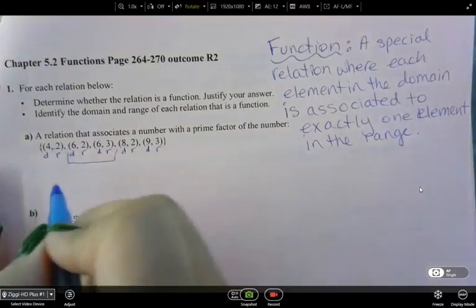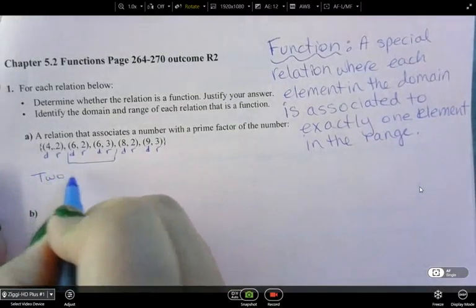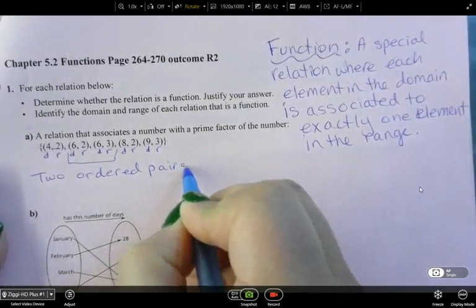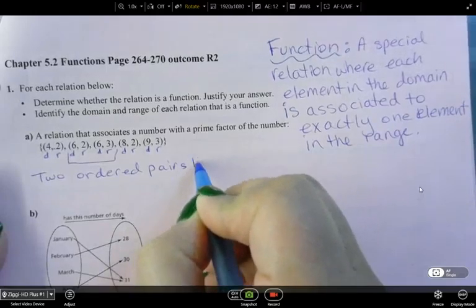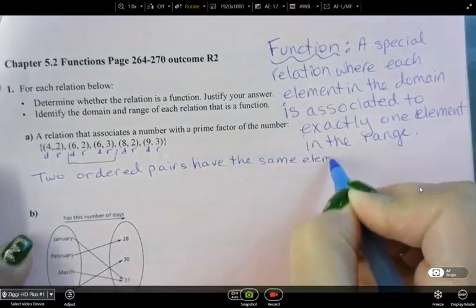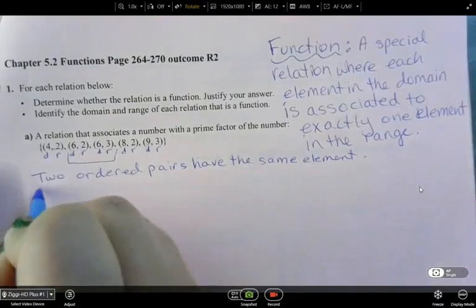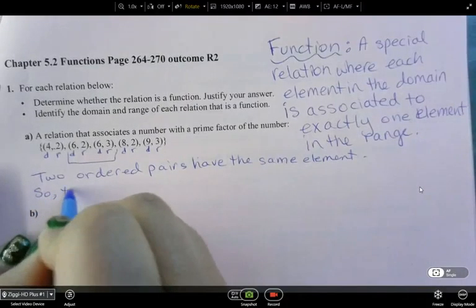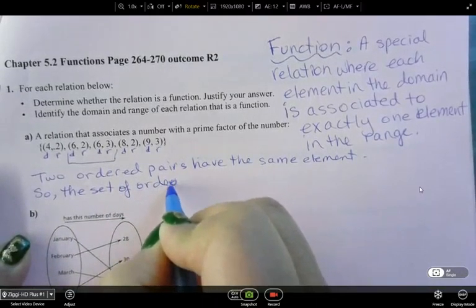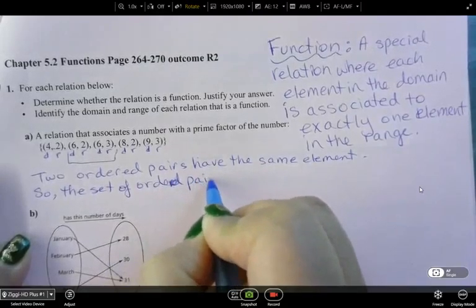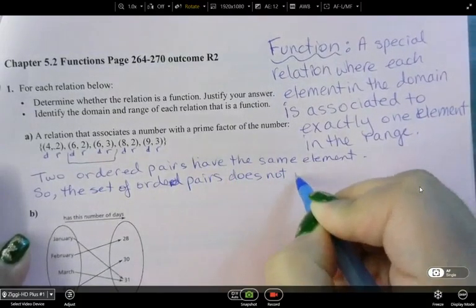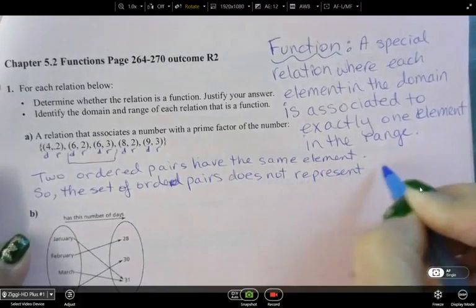All right, so since two ordered pairs have the same element, the set of ordered pairs does not represent a function.